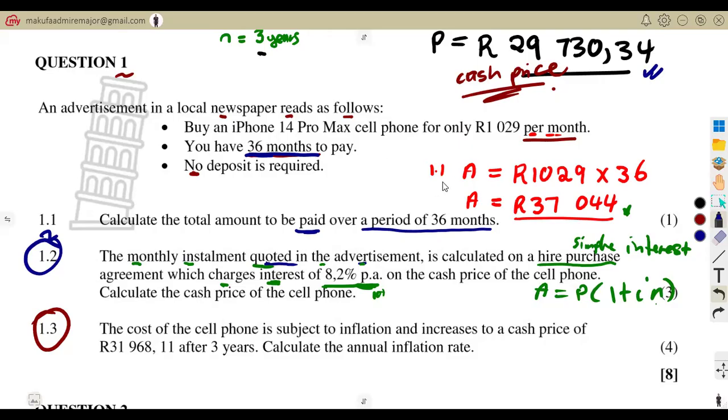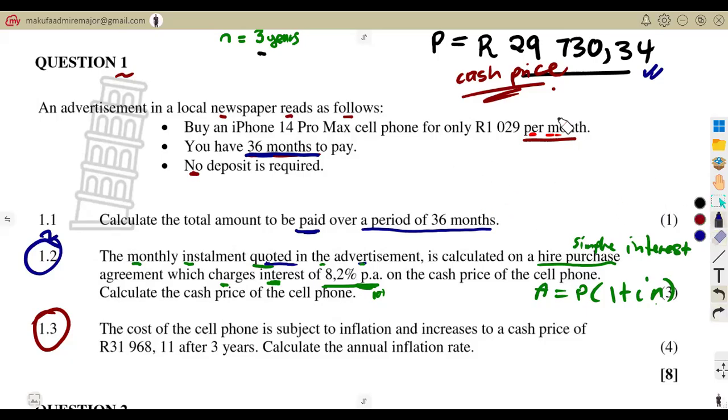But what we calculated on 1.1 was the amount which was carrying an interest, as we are told here that it was calculated on a hire purchase agreement, which charges interest. Yes, here we're not calculating interest, but it was carrying the interest as we were calculating it. So this is not the money that we are talking about for now. So let's just remove this part. We're talking about the original price, the cash price of the cell phone.